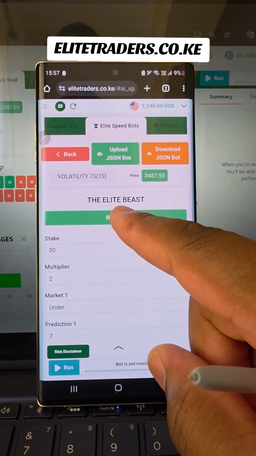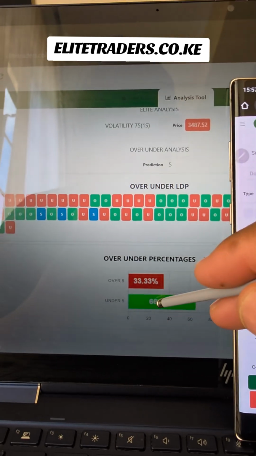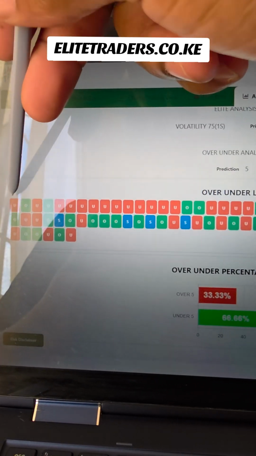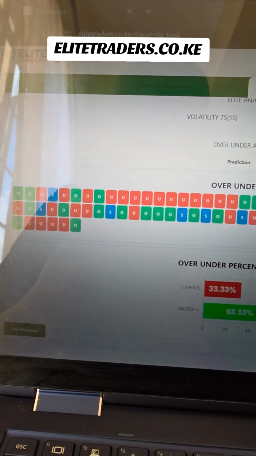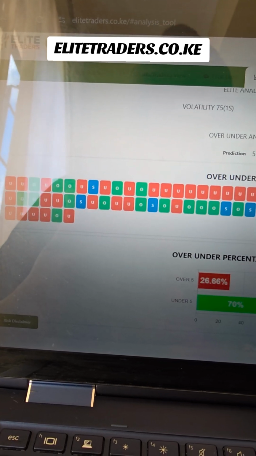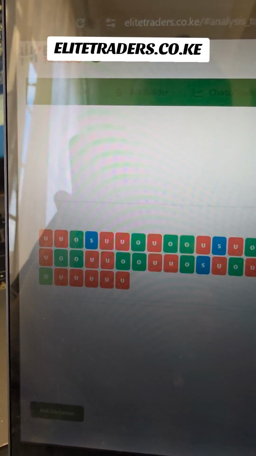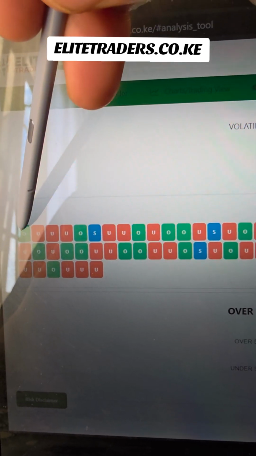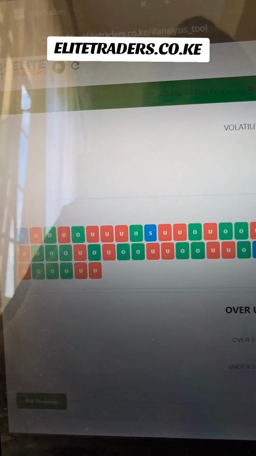It's okay, just run. Because it's already 50% and above, the robot will wait until we get 3 consecutive over digits, then the robot will execute a trade. So 3 consecutive over 4 digits. For example, in this case, we need over at least 3.